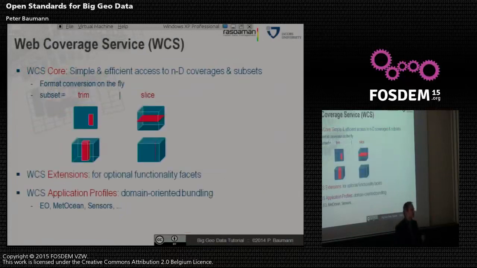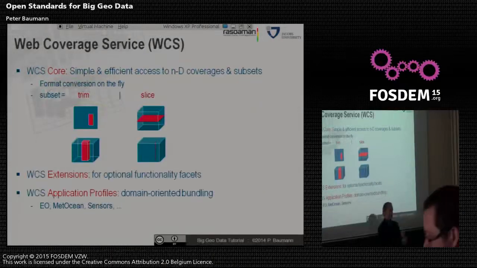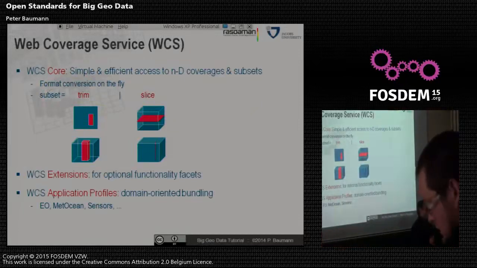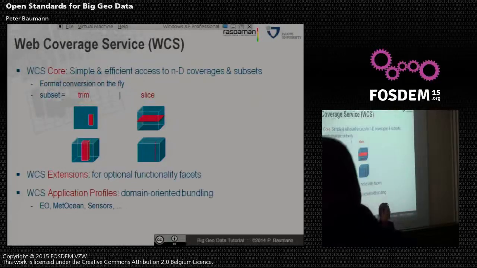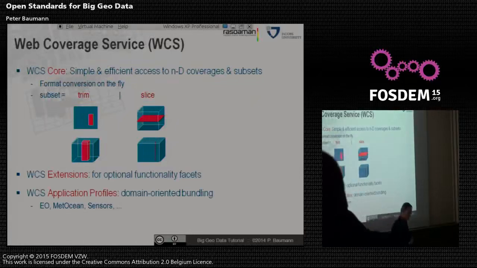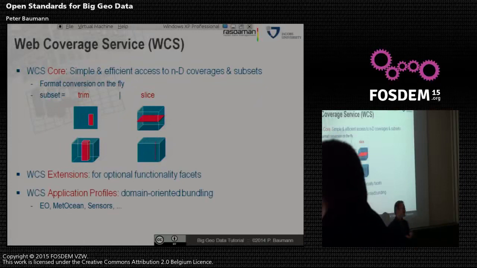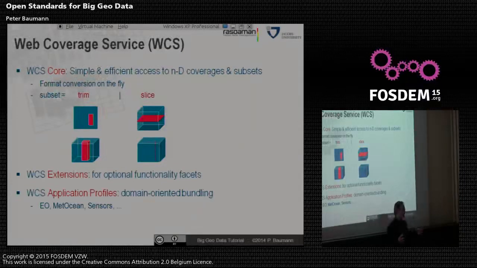Okay, so what does it do in the end? Before we go into the functionality, I must mention that OGC at some time has decided to establish a core extension model, as it's called, or modular specification model. That means we have a clear way to distinguish implementation alternatives. That was really a pain in the neck for everybody, for us specification writers and for the implementers and for the users.